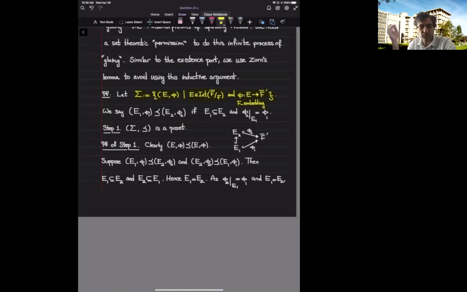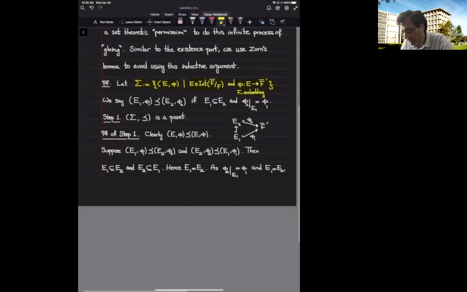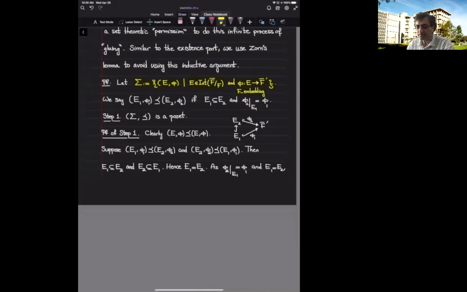I have to tell you what the ordering is, but at least the set part is with respect to inclusion. And we want to argue next that this maximal element is of the form f bar comma theta. Okay, so that's the scheme of the argument. Let's see how we can do it.